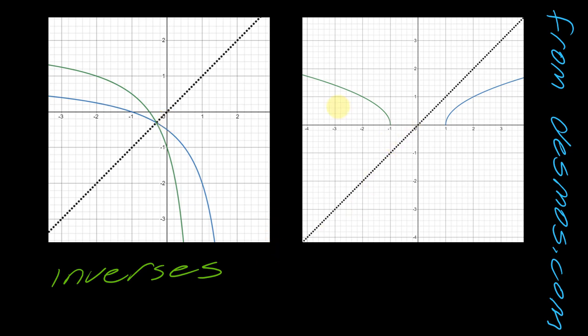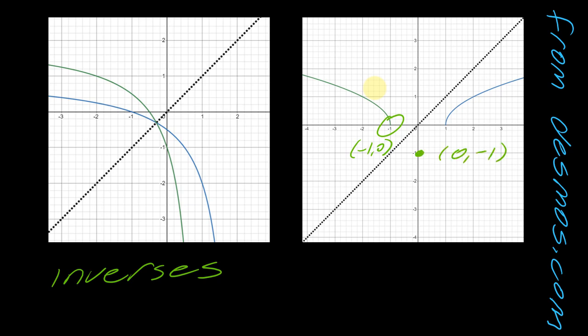Now, if I were to flip this over this line, I would actually anticipate something. You can even see here the point -1, 0. So according to an inverse, I should have the point 0, -1.